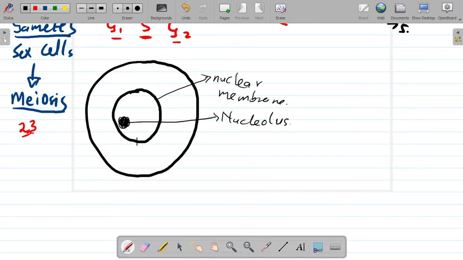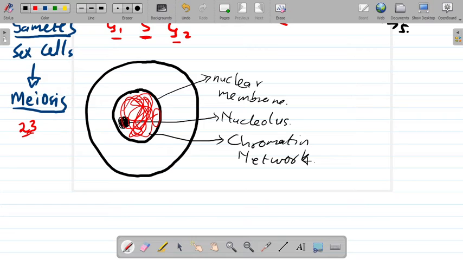Remember, what does the nucleolus have? It has your RNA. Then inside your cell, I'm going to use red for that one, you still have your DNA, and it will look like threads. What do we call this type of DNA? We call it chromatin network. Your chromatin network.